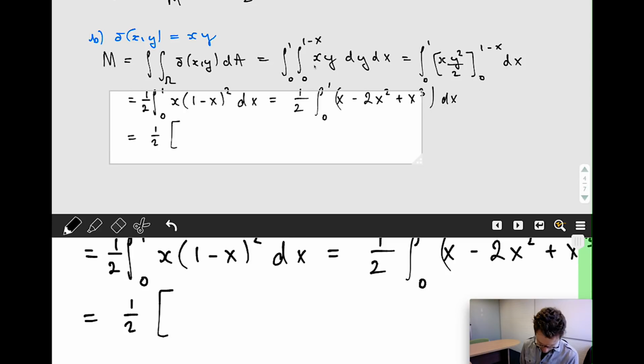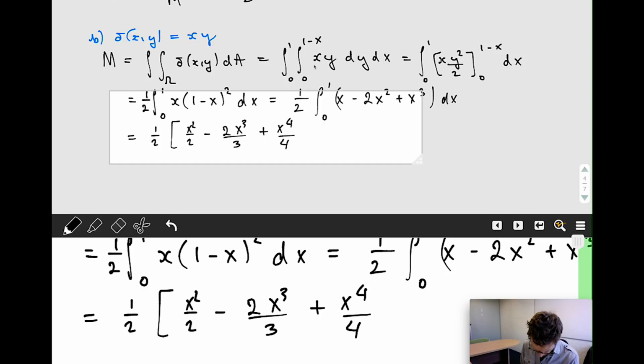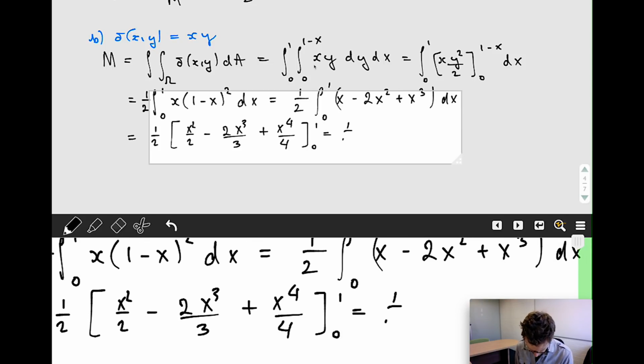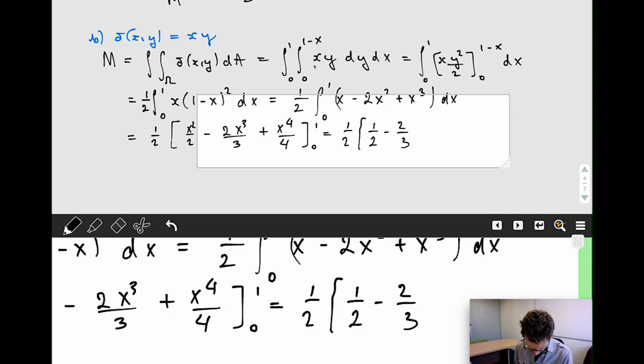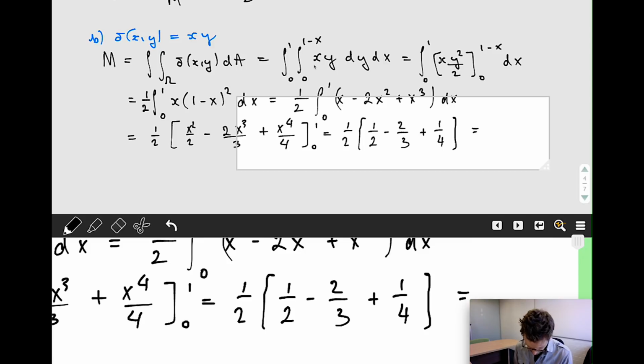So doing the x integral is going to give me x squared over 2 minus 2x cubed over 3 plus x to the 4th over 4. So I'll have 1/2 of 1/2 minus 2/3 plus 1/4, which is equal to 1 over 24.